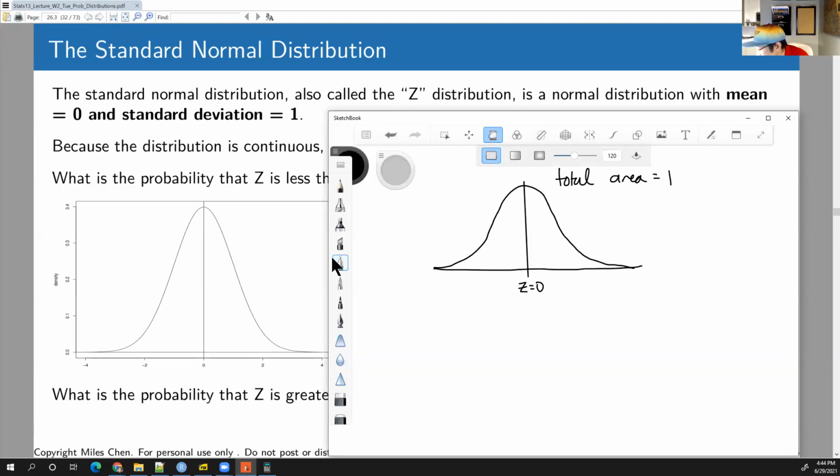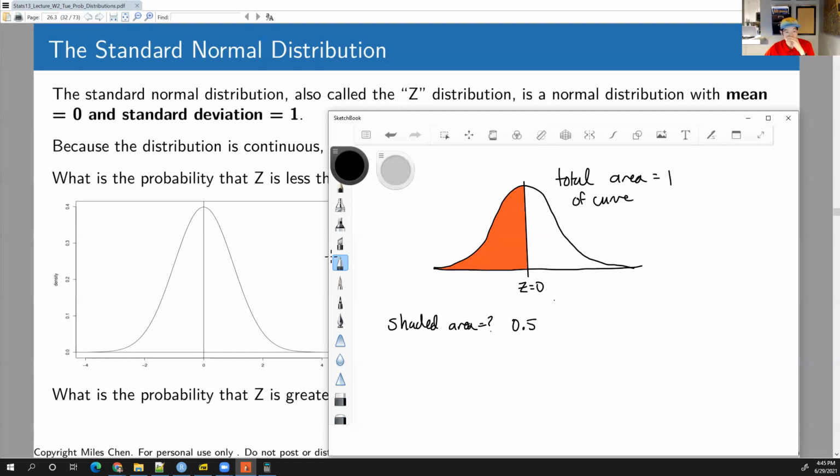So the question is, how much have I shaded? What is this shaded area? Well, the total area under the hill of the curve is equal to 1, and we can see that this is half of that. So the shaded area here is going to be 0.5.